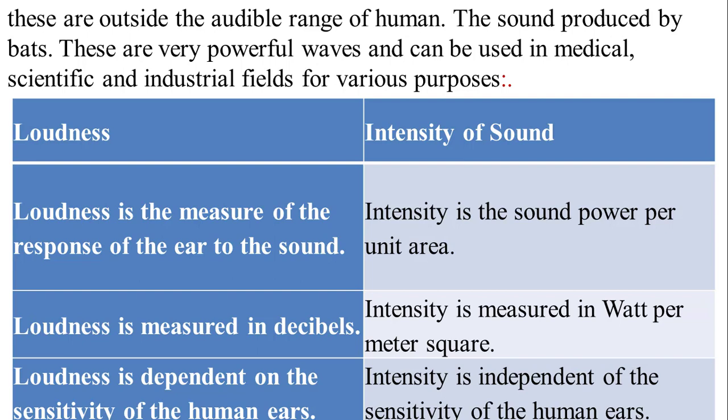Loudness is measured in decibels, but intensity is measured in watt per meter squared and also watt per centimeter squared. Loudness depends upon the sensitivity of human ears, but intensity does not depend upon the sensitivity of human ears.